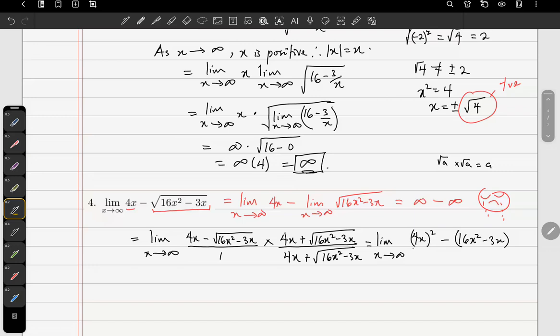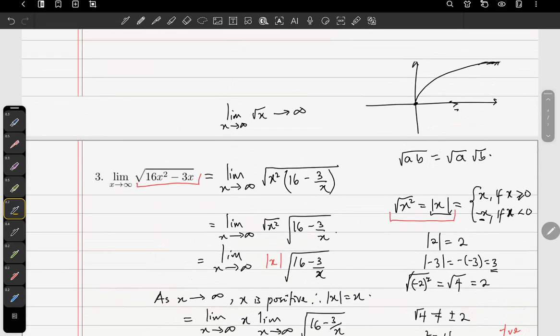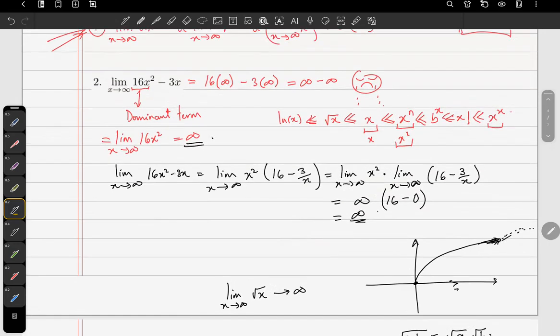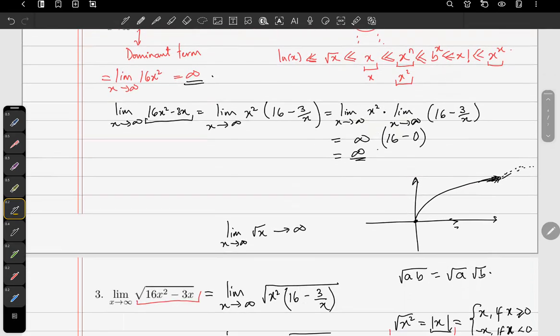So all over this 4x plus square root of 16x squared minus 3x. Anytime we do stuff like this, it helps us get rid of the infinity minus infinity. That is only in a case where we cannot factor out like this to solve the case.